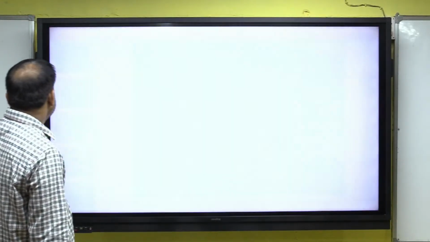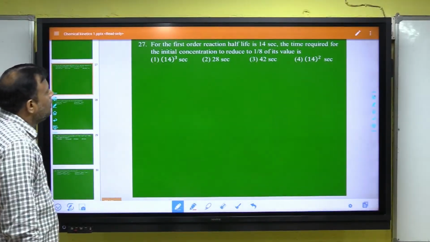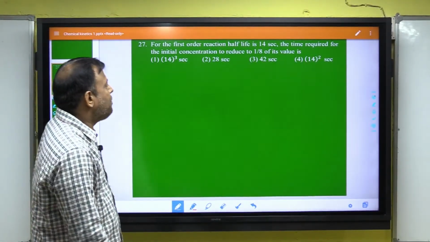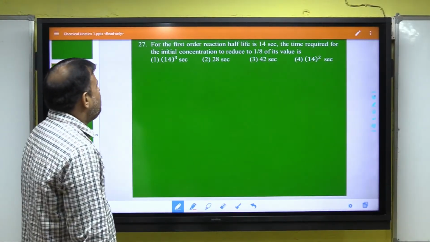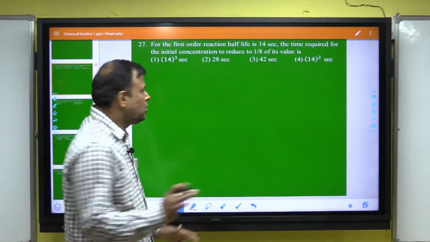Question number 27. For the first order reaction, half life is given, the time required for the initial conc of 1. Listen carefully.